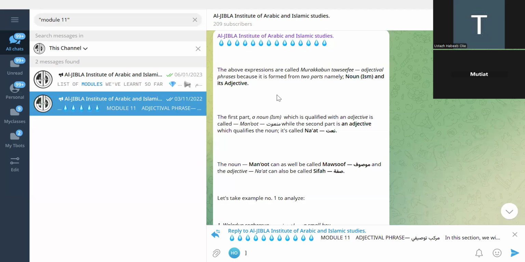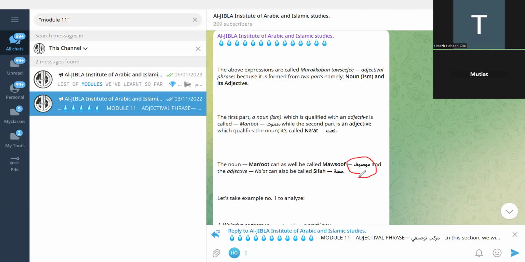So the first part, which is a noun, is called man'ut. Or what other name can we give it? You call it man'ut or you say mawsuf.